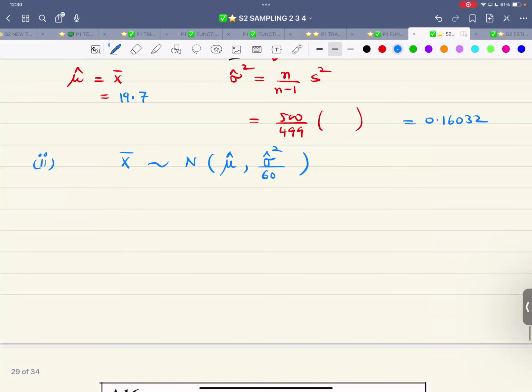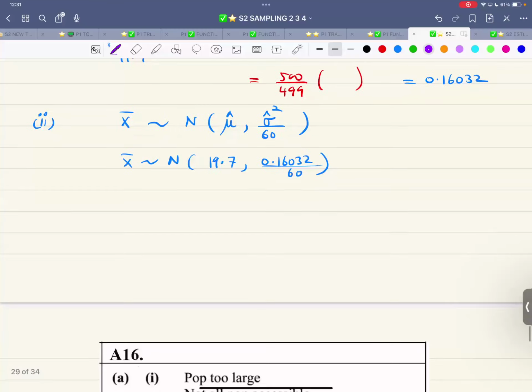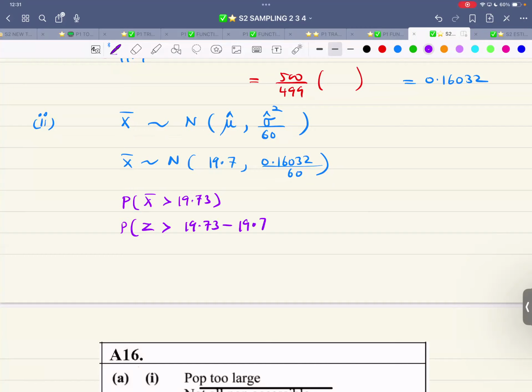So now over here, we will write X bar follows the normal distribution, 19.7 comma 0.16032 divided by 60. That is the data that is obtained from part 1. And then they are asking us to calculate the probability that it exceeds 19.73. Probability X bar greater than 19.73, probability Z is greater than 19.73 minus 19.7 divided by the square root of 0.16032 over 60.